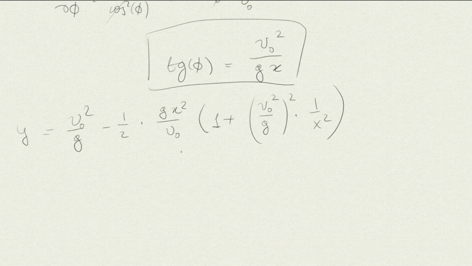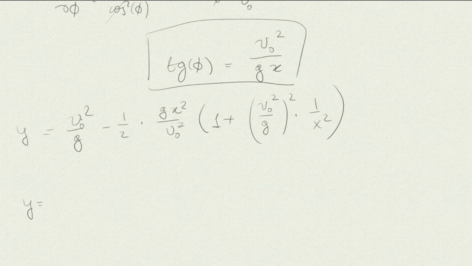So what we have here is that y equals, when we multiply it by x squared, then x squared is being reduced. And here we have v0 squared, and v0 squared is reduced here and here, and this is half.